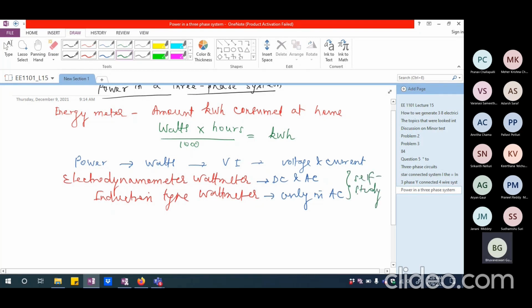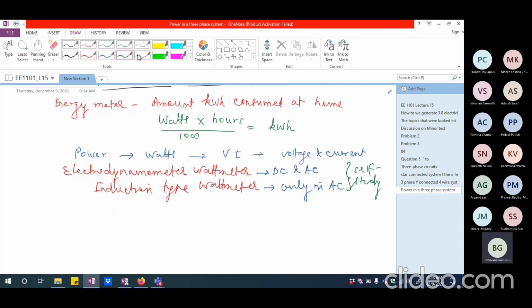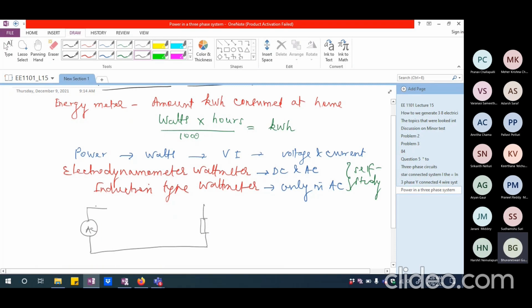Okay. So what happens in an induction type wattmeter, especially which is used for AC systems, is if I am having a load which is supplied with an AC supply, I'm going to just have an AC supply connected to a load, and I want to measure the power it is consuming.